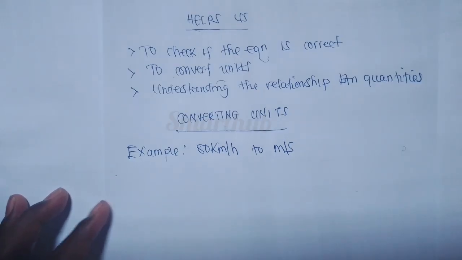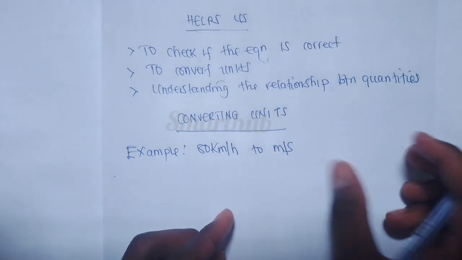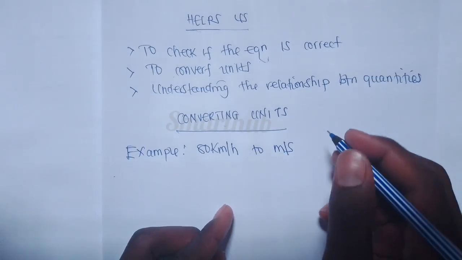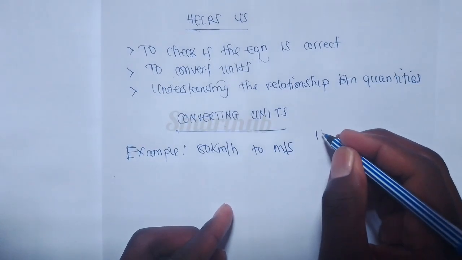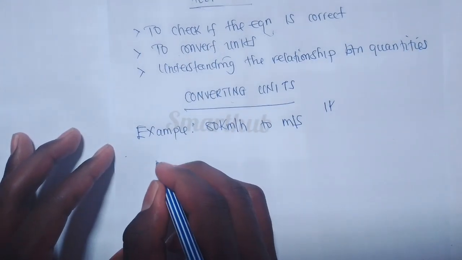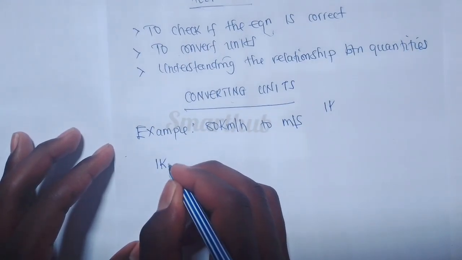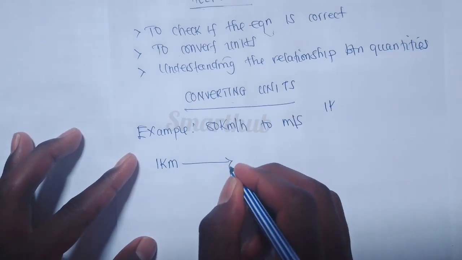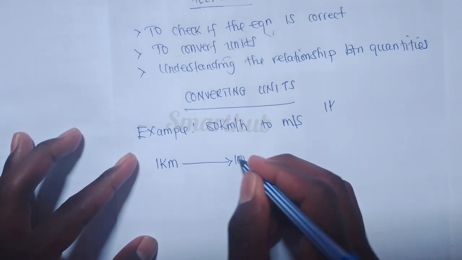So first thing first, you have to recall. You ask yourself, 1 kilometer is equivalent to 1000 meters.